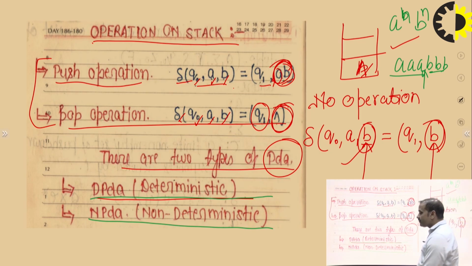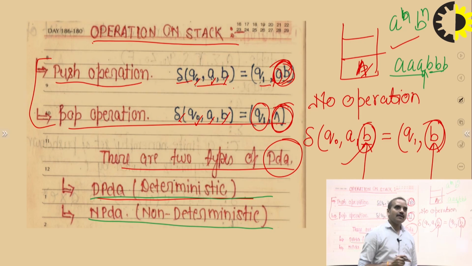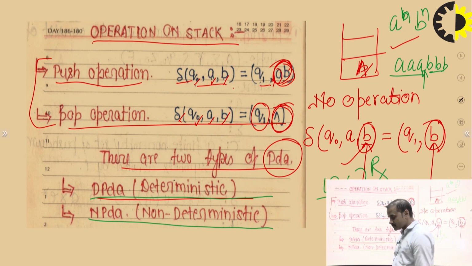That means if the middle term is identified, then we can say the given PDA is the deterministic PDA. If the middle term is not identified, then we can say the given PDA is an NPDA, like this, w w power R. In this language, we can't identify the middle term, so this PDA is called non-deterministic PDA.